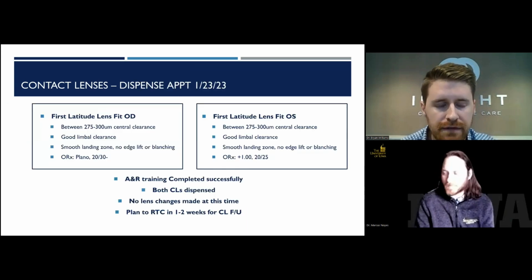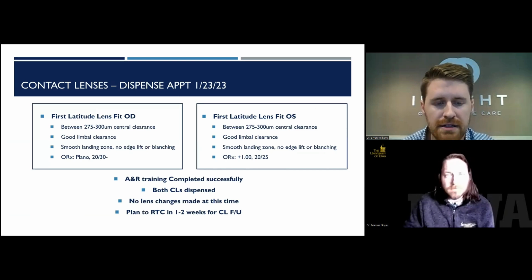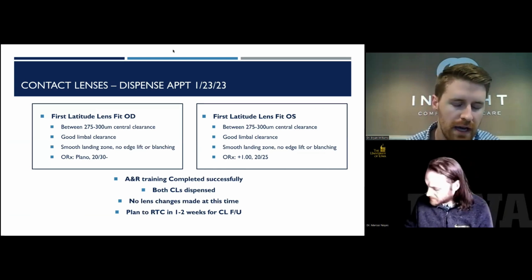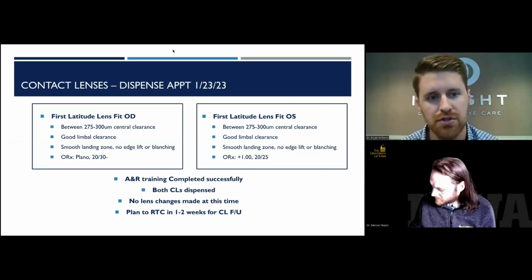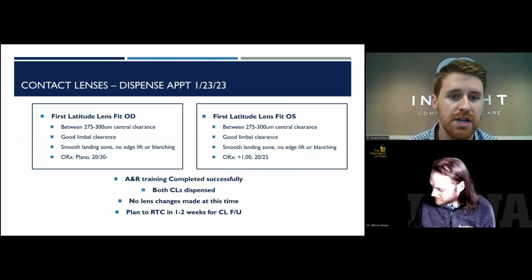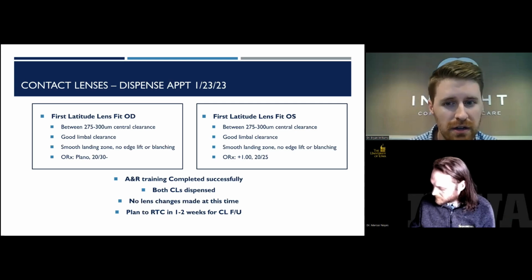So for the first fit of that Latitude lens, what the lens manufacturers at Visionary Optics usually stress is to make minimal changes at the very first dispense visit. Even if you see some minor things you would want to change, in this case I really didn't. I was pretty happy with the result, other than a little bit of over-refraction in the left eye.